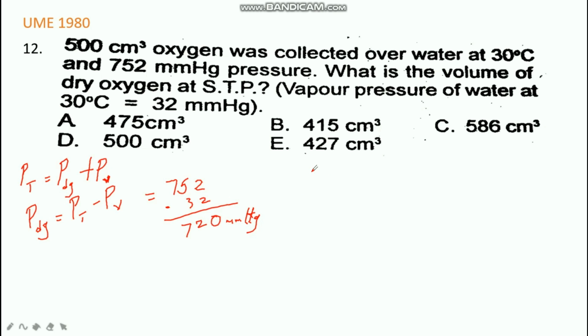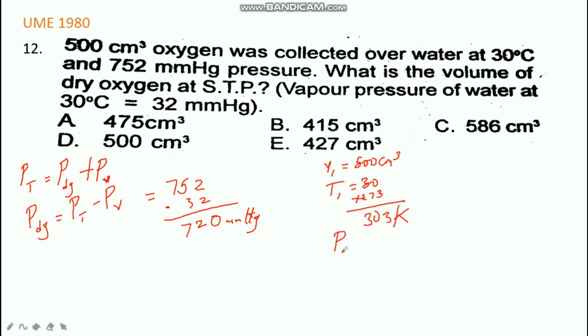Now the other thing is this: we want to know the volume of dry oxygen at STP. So we have V sub 1 is equal to 500 cubic centimeter. T sub 1 is 30 plus 273 because we need to convert to Kelvin. So we have 303 Kelvin, that will be T sub 1.